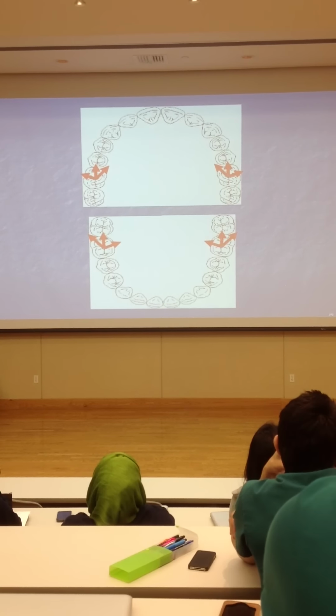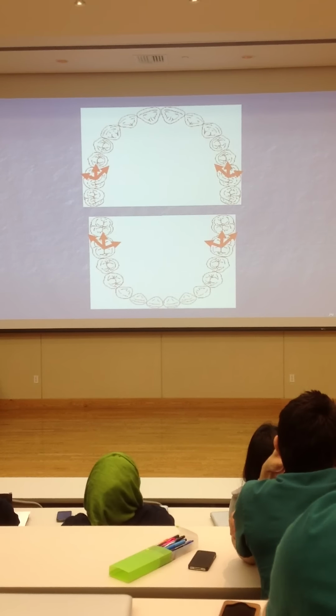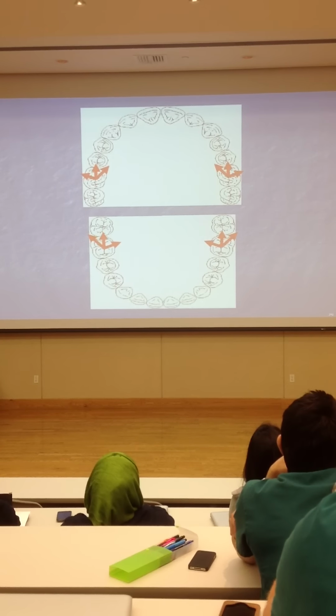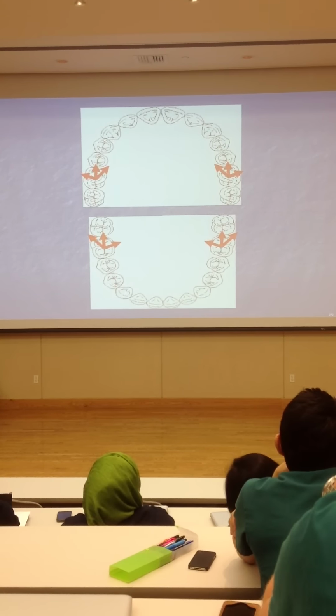Okay? Now, if this is my upper molar and this goes this way, my molar is doing a movement that goes this way on that tooth. But this tooth is doing a movement this way. So if there is a question like this in the exam, I expect everybody to start doing it.